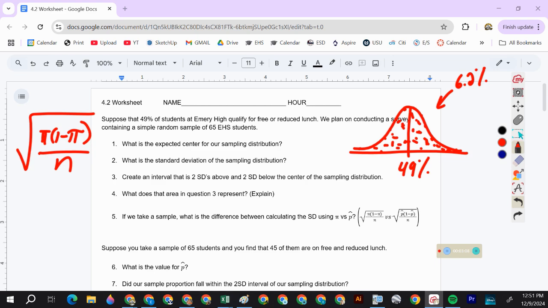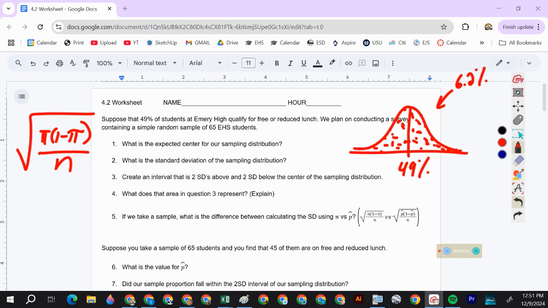Now, if we were asking height or weight or age, the standard deviation would make more sense in terms of the population. But because this is categorical data, that 6.2% only talks about the variation in our samples, our predicted variation in our samples. Does that make sense?